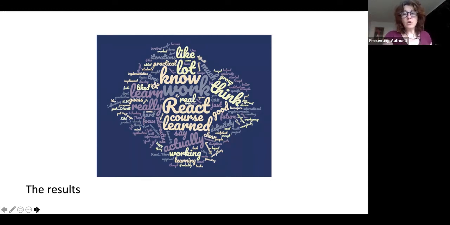But when you look at the words from their feedback in the qualitative analysis, you see that a lot of things are turning around that they know, they learn, they think that it was actually working, and it's React in the center.